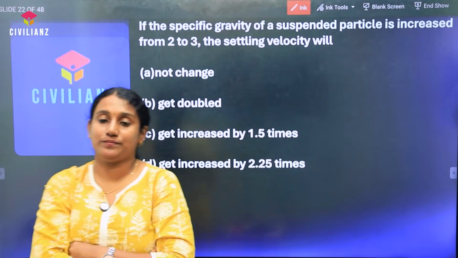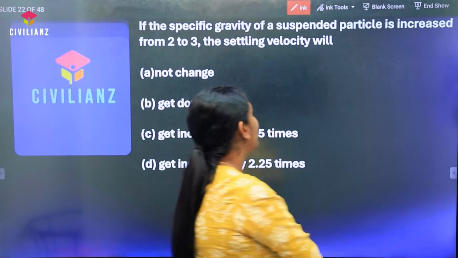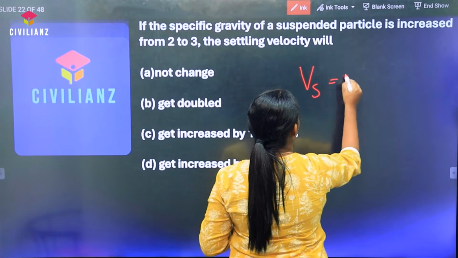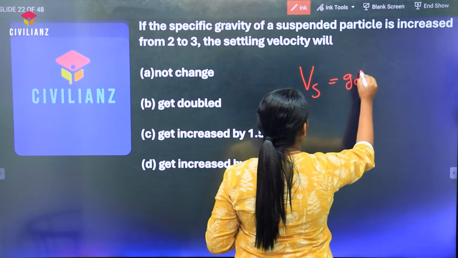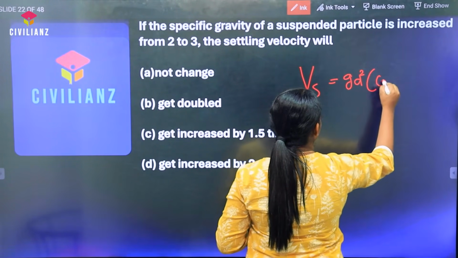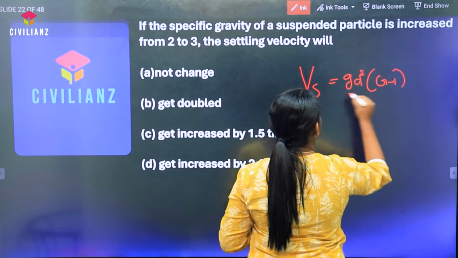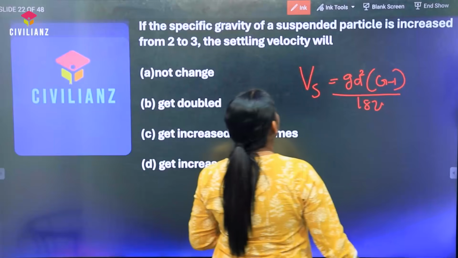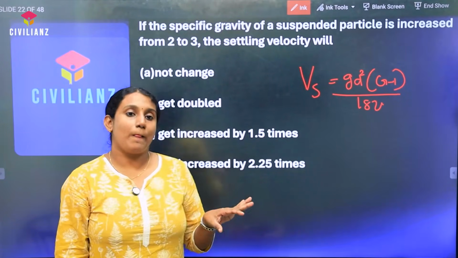What's our equation? The settling velocity equation: Vs equals g times d square times (G minus 1) divided by 18 mu. Very simple equation.